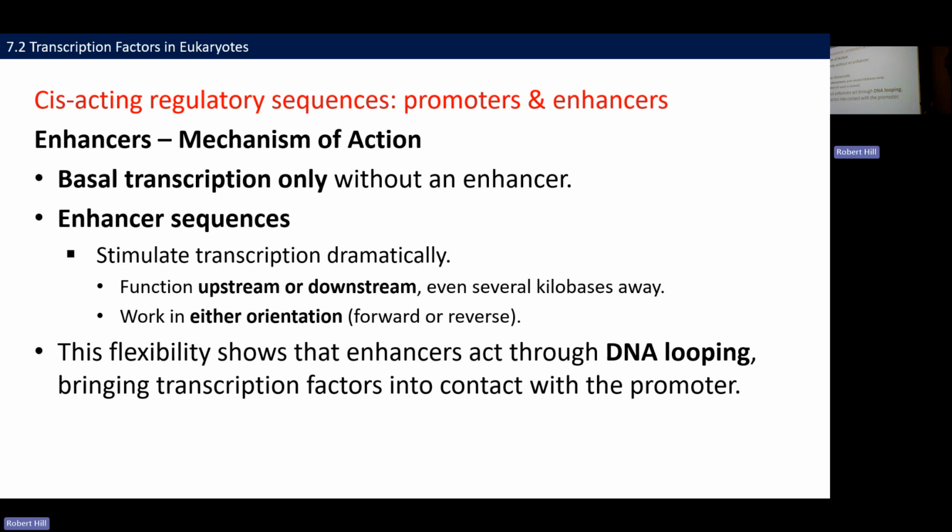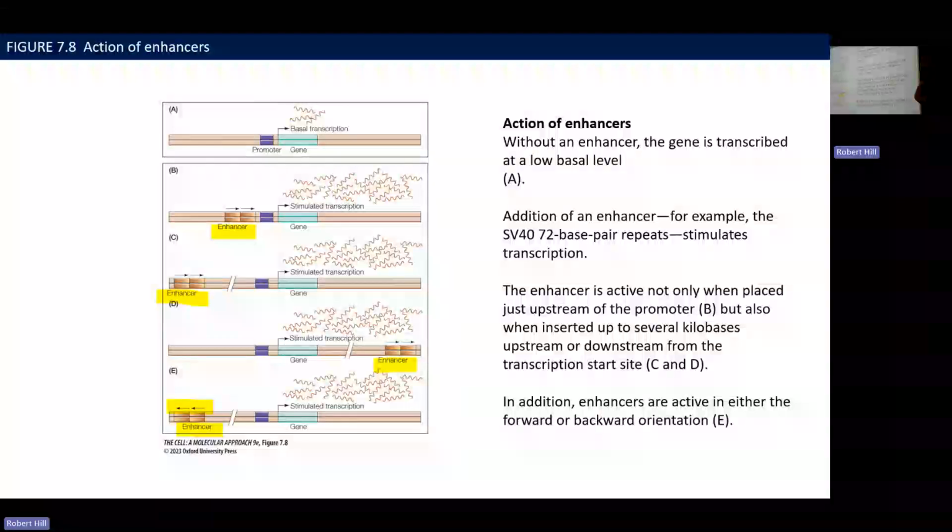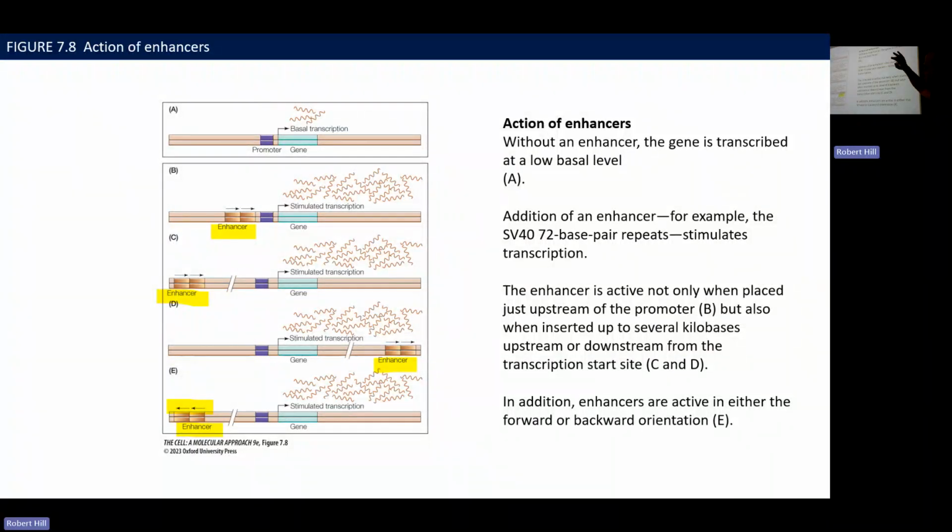But stimulation through enhancer sequences and the transcription factors that bind to them greatly increases the level of transcription. So look at this figure, an important figure here. You can see without enhancers, as in A, you just get a basal level of transcription. You get a few mRNAs that are produced, ultimately a low level of this protein of interest.